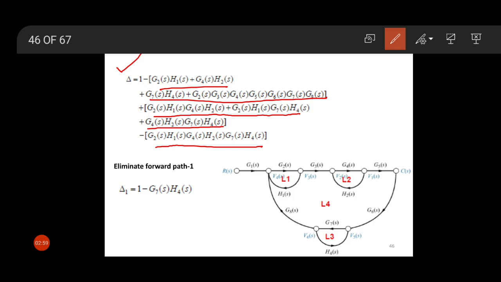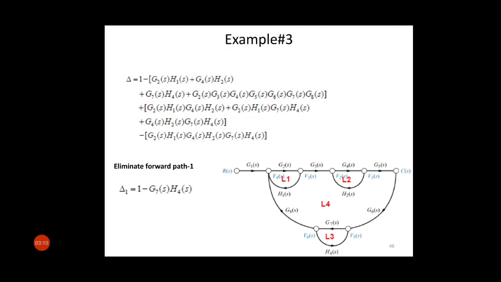Then check del 1. We need only del 1, because there is only one forward path. Del 1 is equal to 1 minus G7 into H4.